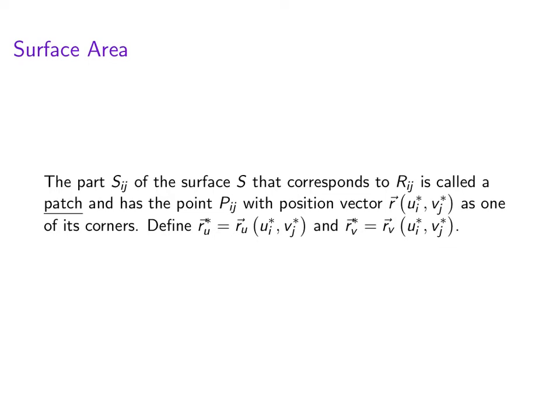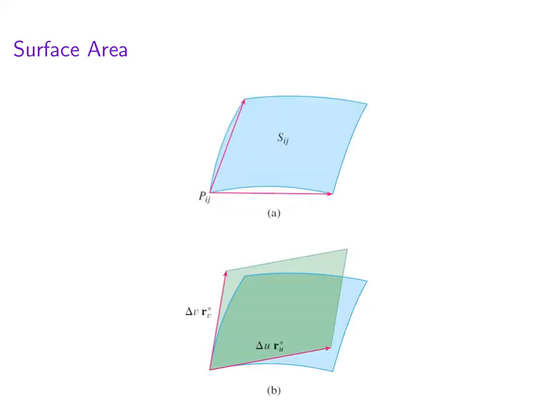These are the derivatives evaluated at this corner point. And now let's look at this next picture. What you see is that the patch, which is S_ij, is pretty closely approximated by the section of the tangent plane that we get from the tangent vectors at those points.